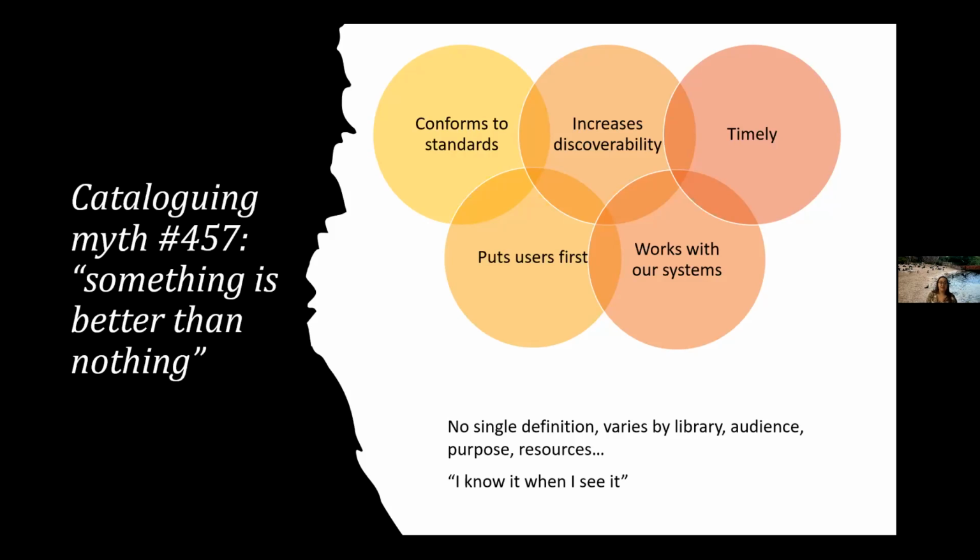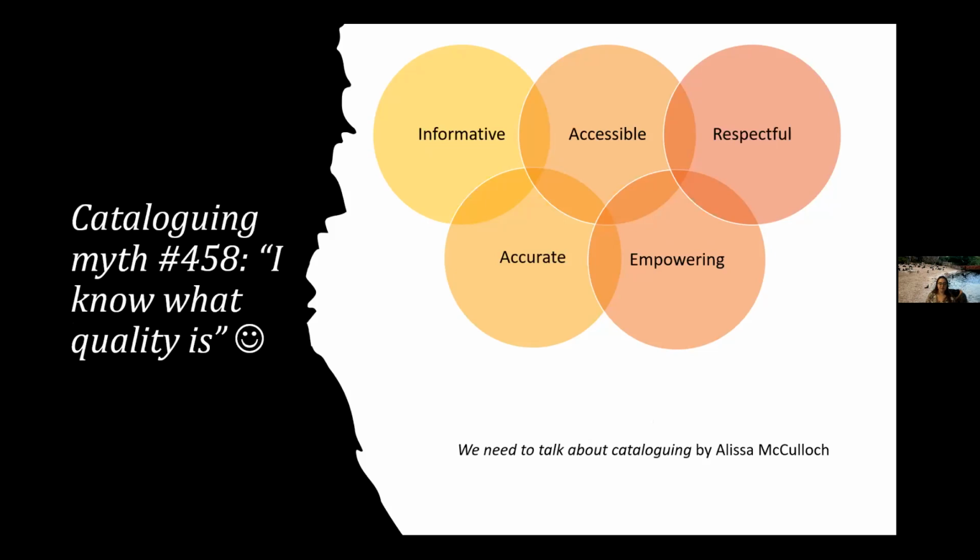This is actually a slide I used when I presented to some senior managers at work a few months ago to advocate for good quality metadata. And then I read an article by Arlis McCulloch about what she considers quality to be, and it redefined again what I thought quality should be. So she defined it as informative, accessible, respectful, accurate, and empowering.